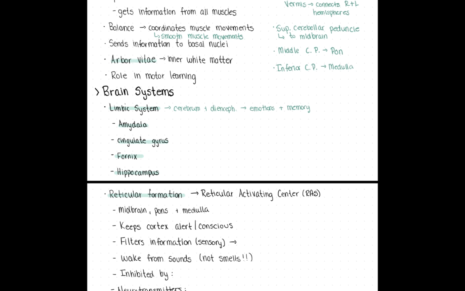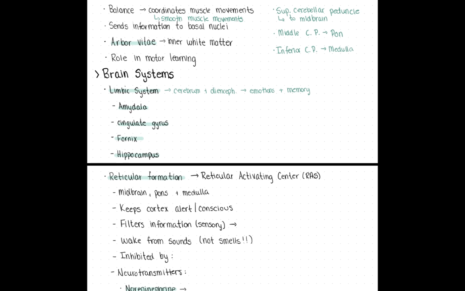What the amygdala does is it receives information about a perceived threat, and it helps to coordinate that response. So whether it's fight or flight, it's going to be involved in that response to some sort of threat.